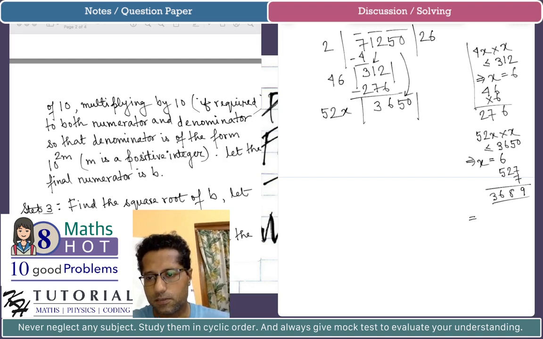So x cannot be 7, this implies x has to be 6.